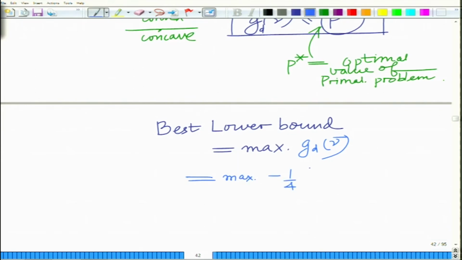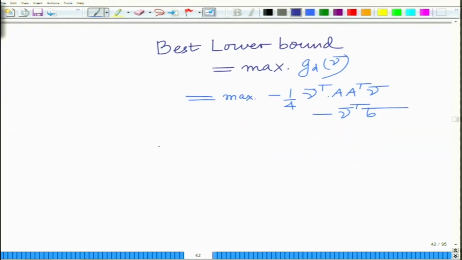This is maximized: minus 1 by 4 nu bar transpose A transpose nu bar minus nu bar transpose b bar, and now to maximize this, if you differentiate this with respect to nu bar, what you get is, well, this is minus 1 by 4 nu bar transpose A transpose nu bar. So the derivative of that is minus half A transpose nu bar, and the derivative of minus nu bar transpose b bar with respect to nu bar is simply minus b bar.